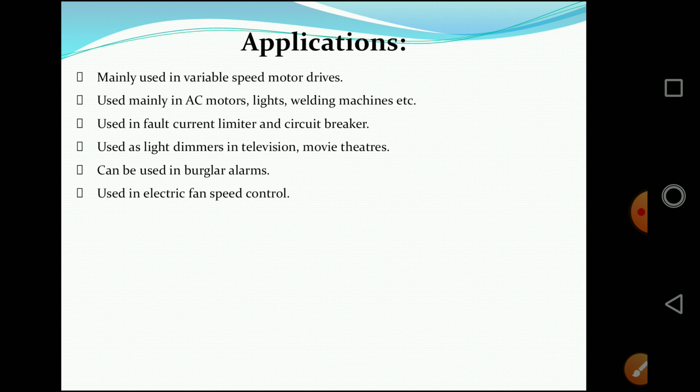It is also used in circuit breakers or fault current limiters. Next, it is used in dimmers to control the intensity of light in television, in theaters, or in movies. The SCR can also be used in burglar alarms, and in speed control of an electric fan.